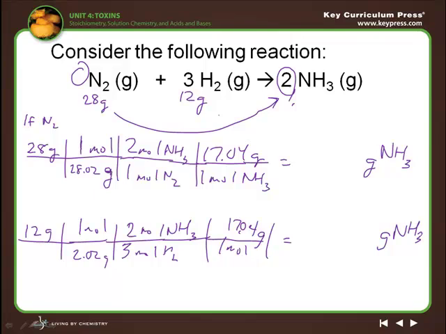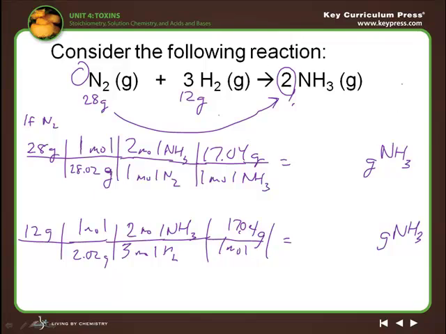if you have a calculator, all you have to do is multiply what's on the top and divide by what's on the bottom. So in the top one, you just take 28 times 2 times 17.04, and then divide by 28.02, and this equals 34.05.